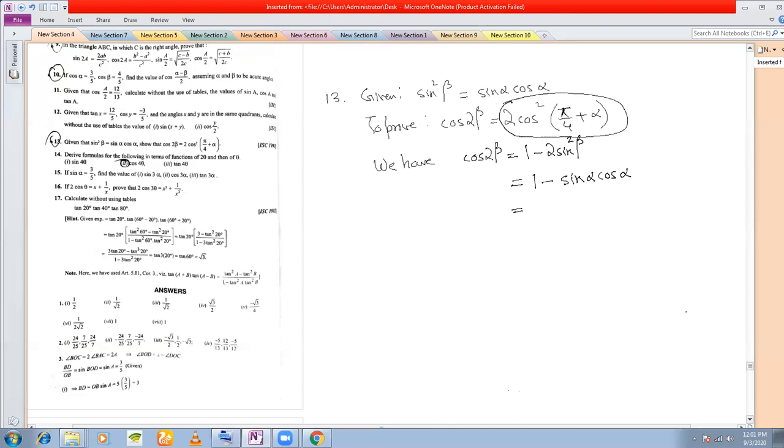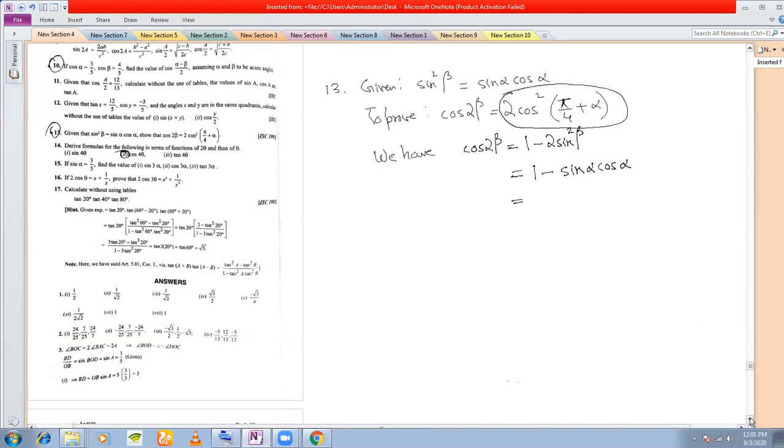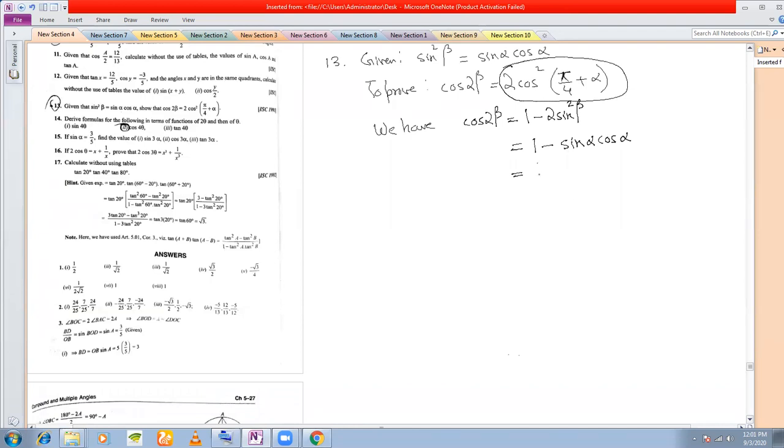What you can do here is, you can convert this to a multiple angle. Sine alpha cos alpha can be written as half of 2 sine alpha cos alpha. So 1 minus half 2 sine alpha cos alpha is your sine 2 alpha, right?